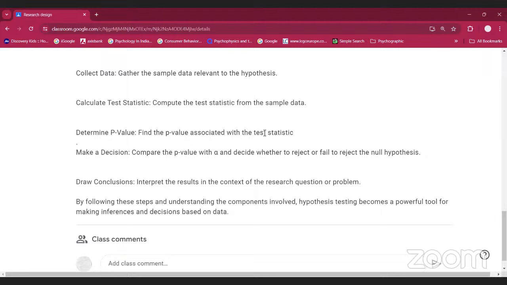We collect that kind of sample and categorize. First, we administer the stress tool, and we separate those who have a very low score and those who have a very high score, based on that criteria.